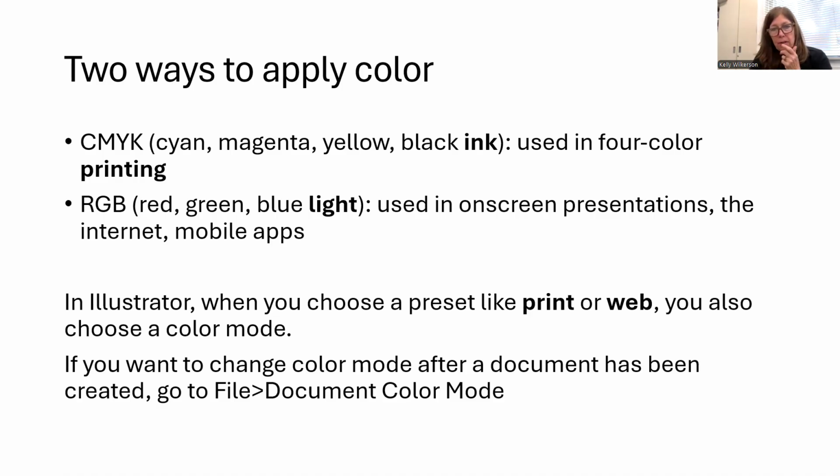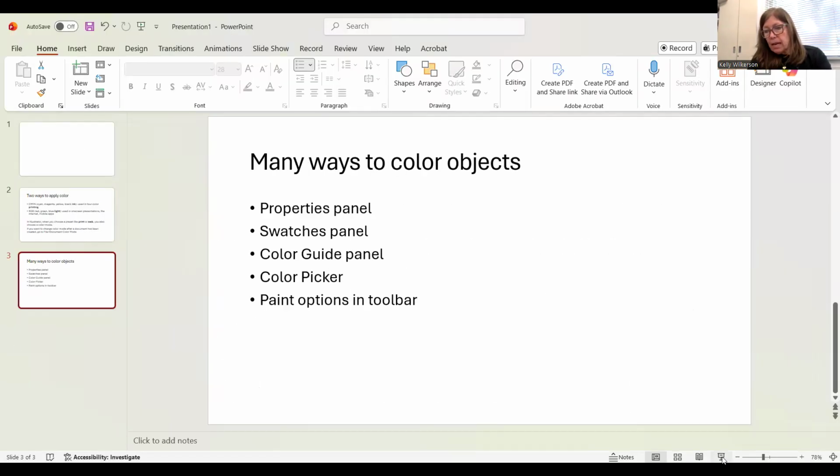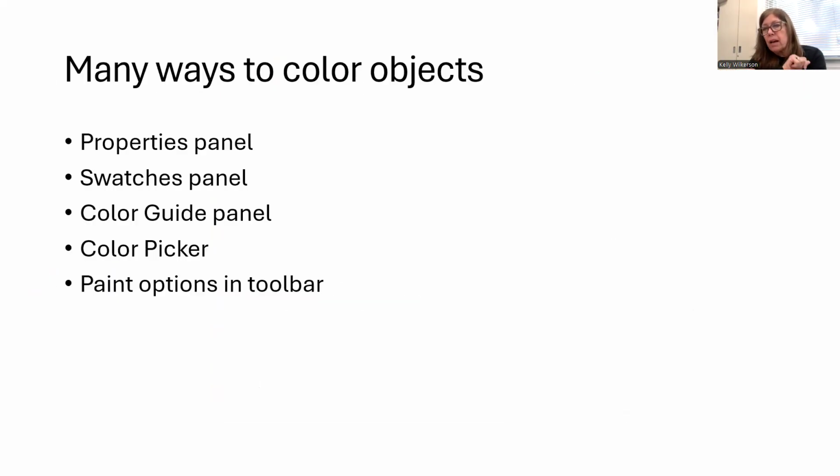The other thing I wanted you to know is that there are many ways to color objects, and we're going to go over them today. Knowing all these different ways can help you to work faster. If you were doing this in a job situation under a deadline, you would want to get really efficient with the way you applied, duplicated, and edited color.